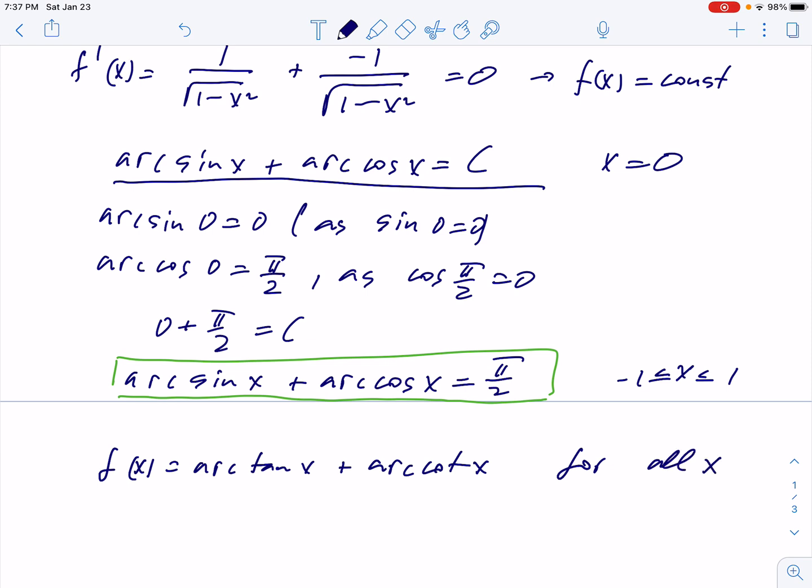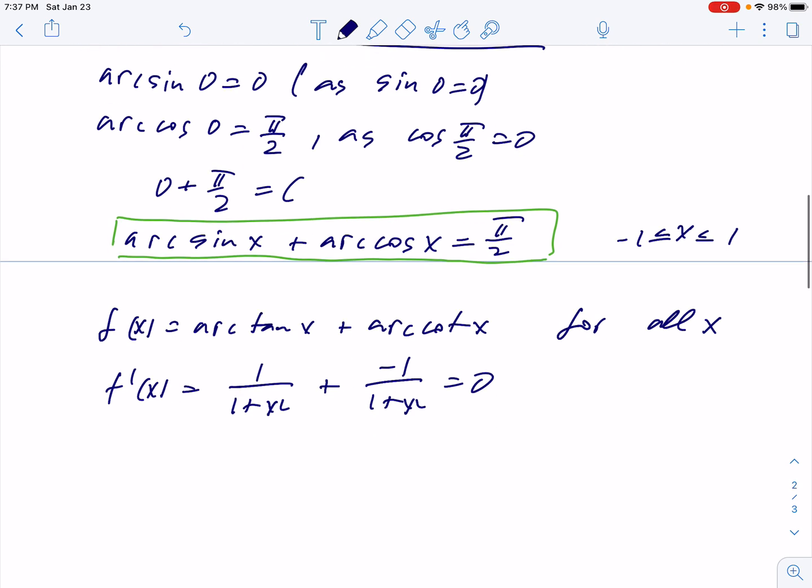The derivative will be 1 over 1 plus x squared plus -1 over 1 plus x squared, again 0. So our function is constant for every x.